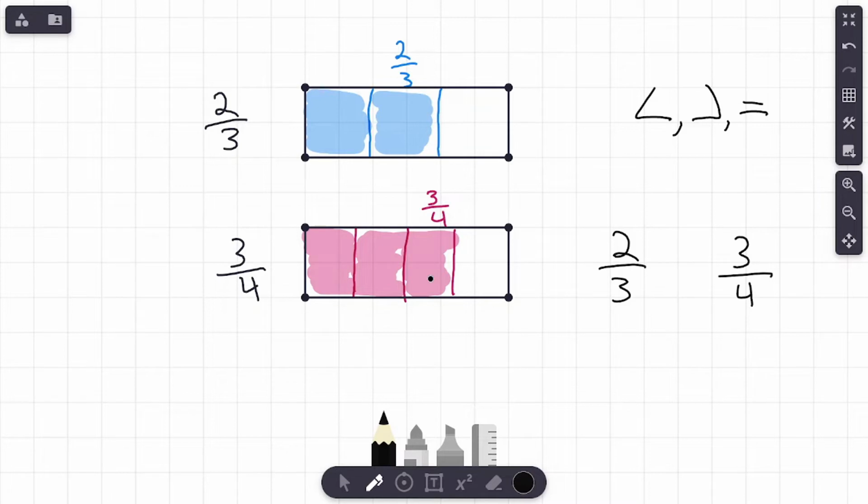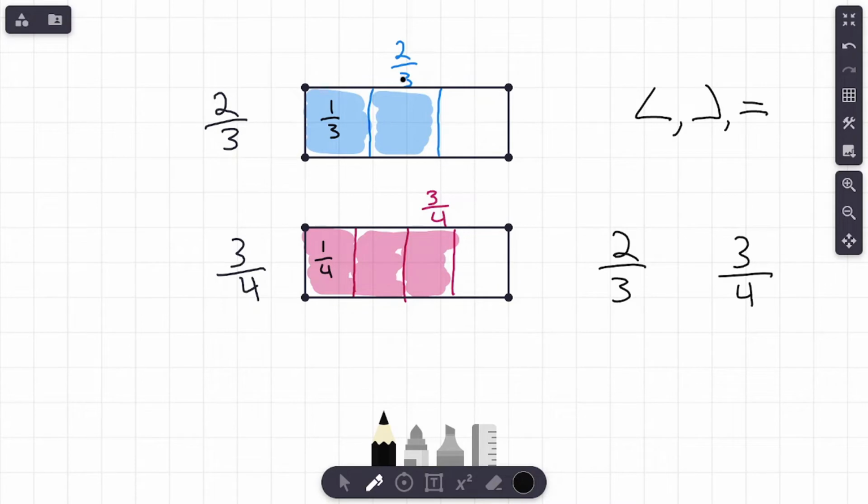Are you noticing that 2/3, if you look at the thirds, so this is a third here, and this is a fourth. Are you noticing that a third is a lot more than a fourth? Look at that. If this was a cookie cake, and we were cutting it up, I would want a third of a slice because that's going to be bigger than a fourth of a slice.